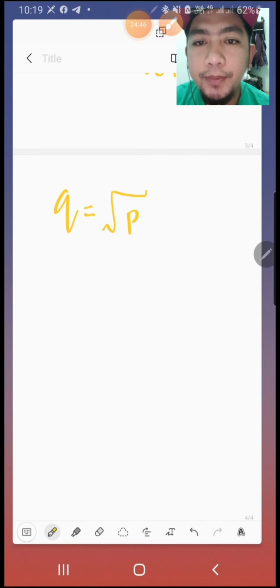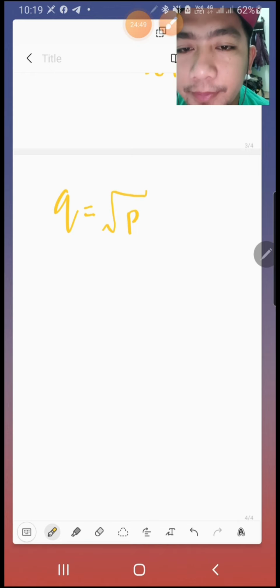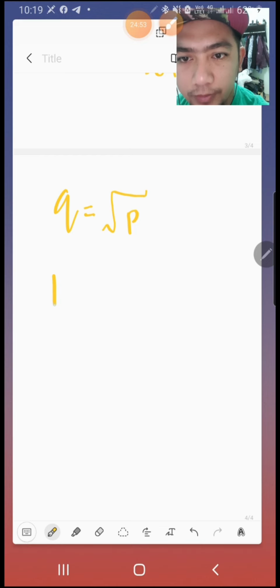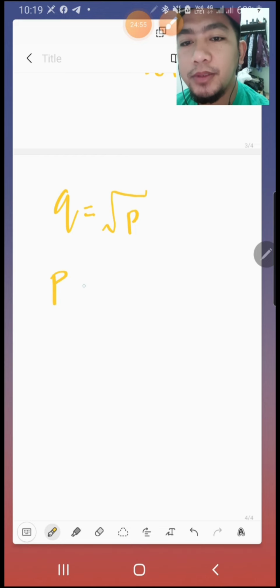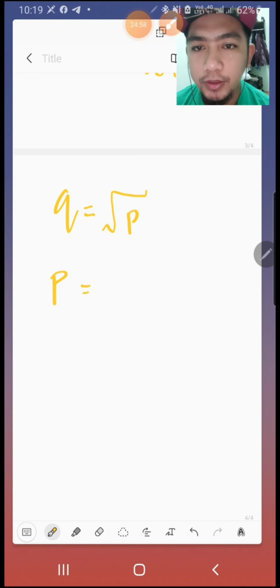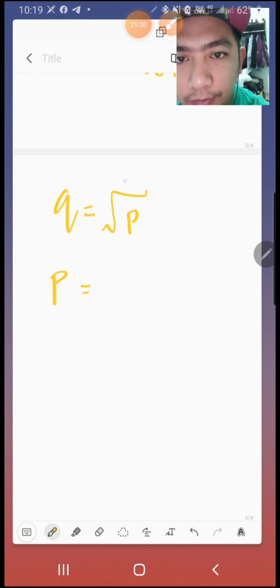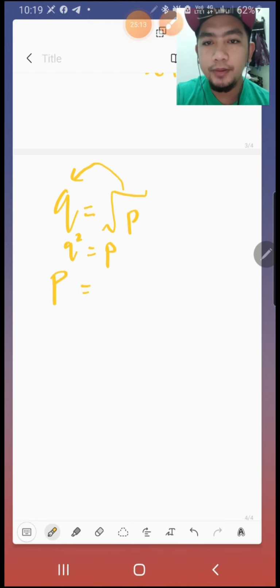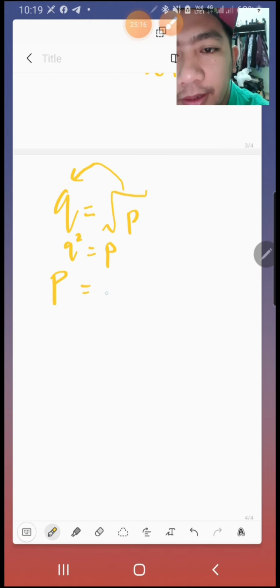So how to make P the subject of formula? So you bring this square root to the left, so it will become q square, right? Okay, or you can write as P equal to q square.